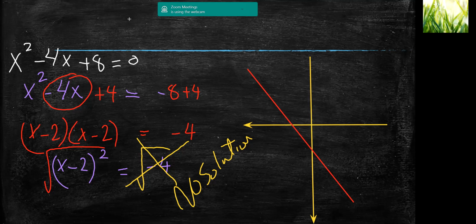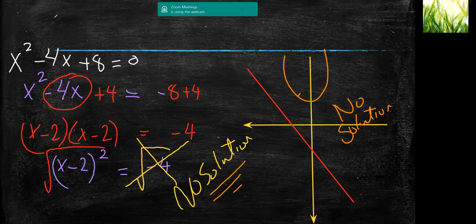And the second one, it will be like this as an example. So that's mean they are not connecting each other with any point. So in this case, we also say there's no solution. They are not connecting each other with any point. They are not intercepted by any point. So that's why we say there's no solution.